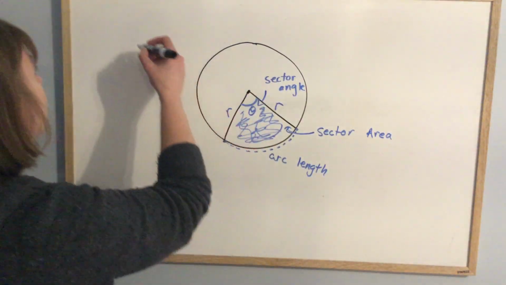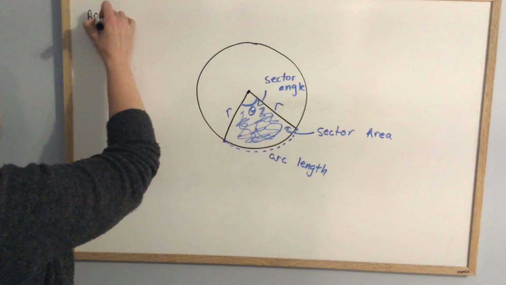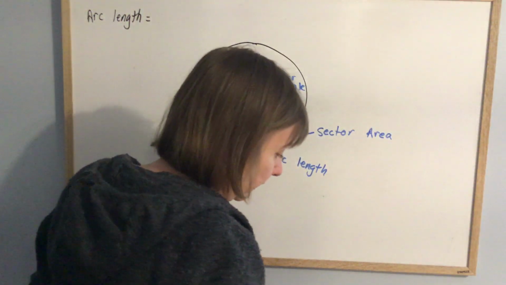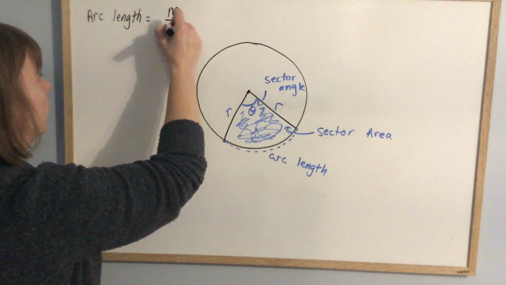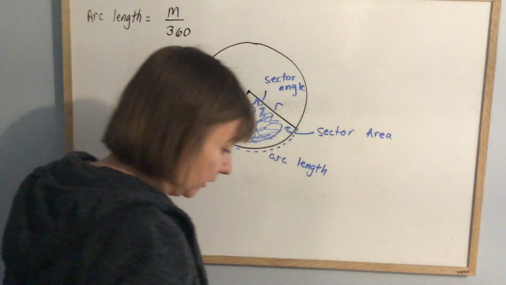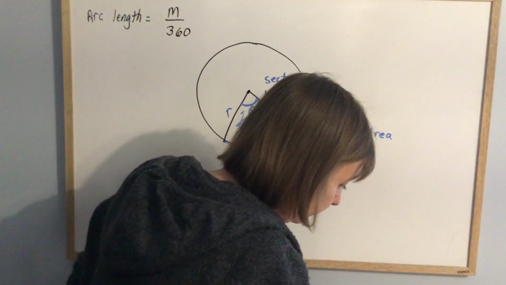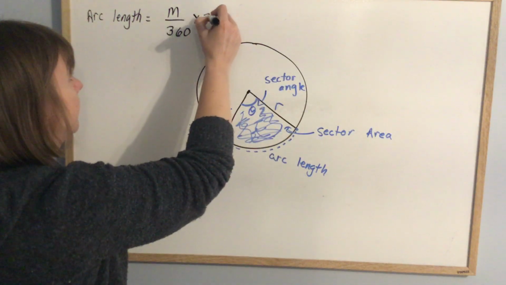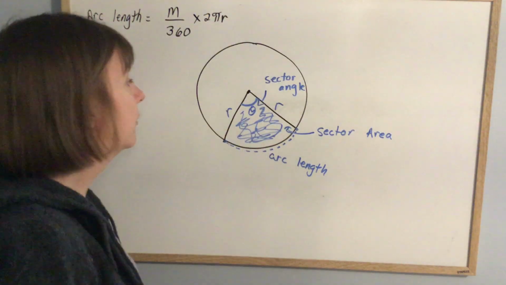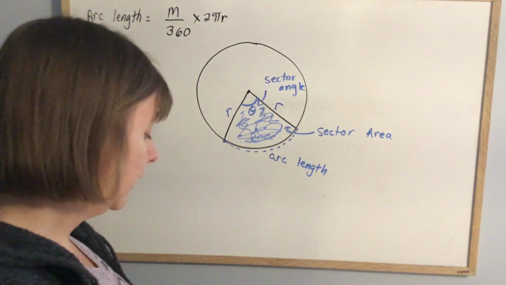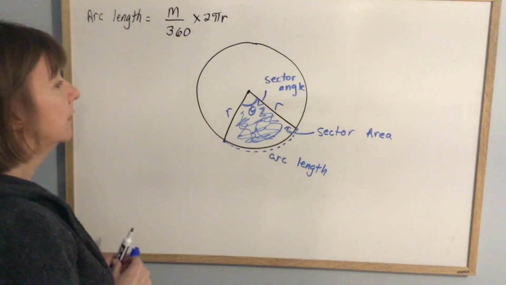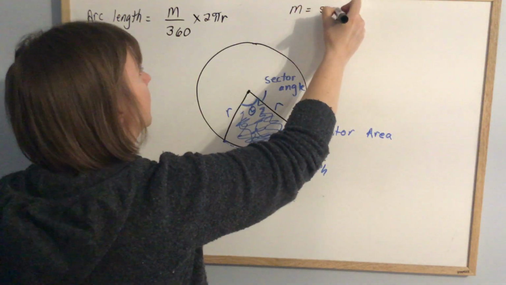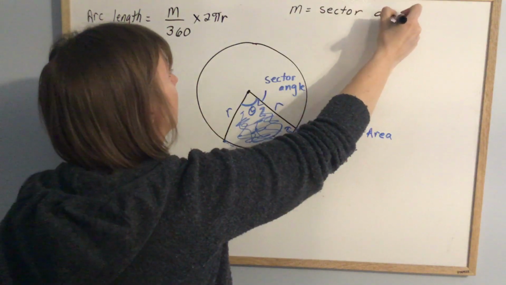For arc length, the formula is m over 360, and I'll talk about what that m is in a minute, times 2 pi r. They don't actually use that Greek letter theta. They use the m to be the sector angle. So m is the sector angle.